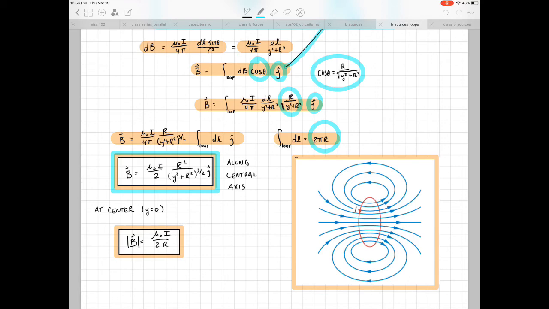Let's just highlight that. And then over here, I've got a picture of the general mapping of the magnetic field due to a current carrying loop. So along this central axis, which is where we solved, that field is always pointing from left to right in this setup.